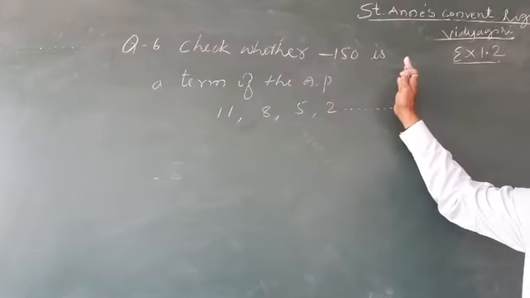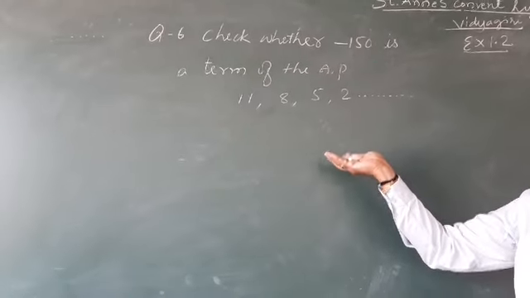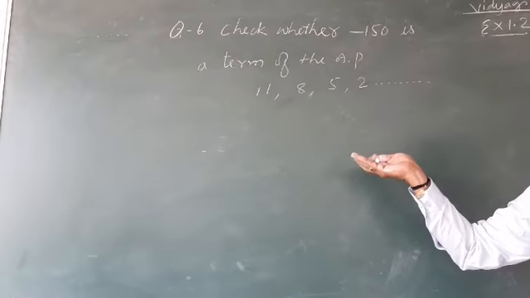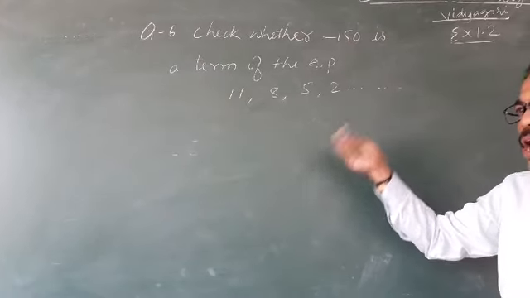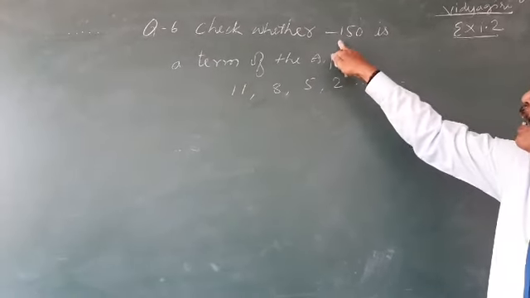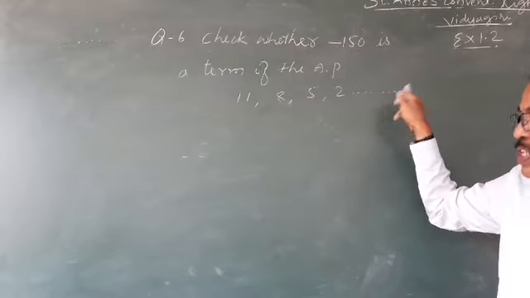The method of solving such problems is similar to what we solved before. If the number of terms is integral, that means a whole number, then definitely minus 150 will be in the continuation of this term.